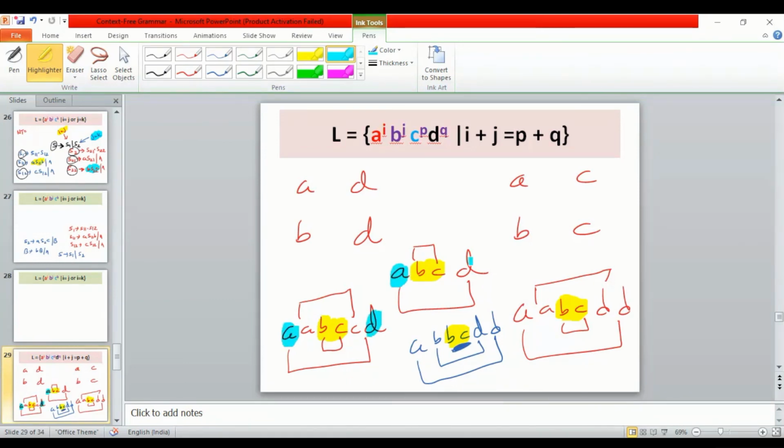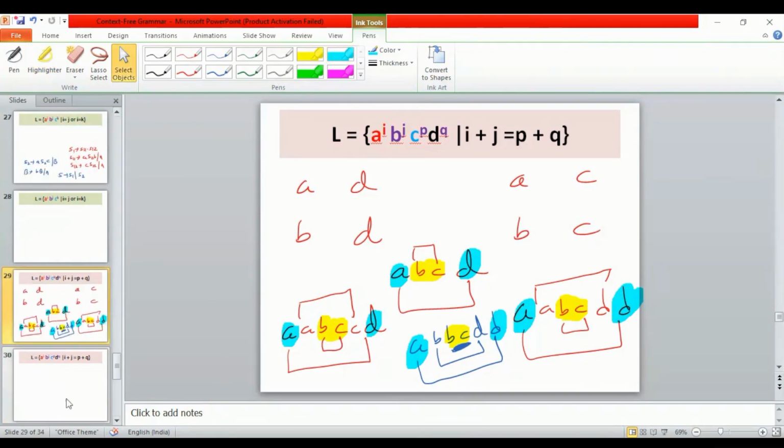It is A and D. You can skip any level, but the outermost will be A and D. If you skip outermost level, the next can be either A and C, or it can be B and D. Anything is possible, right? At the next level, if you skip A and D. So now when you want to write a grammar, you have to check all these different cases.